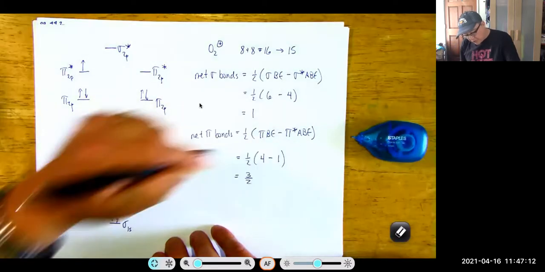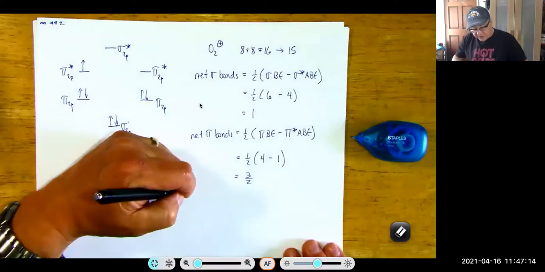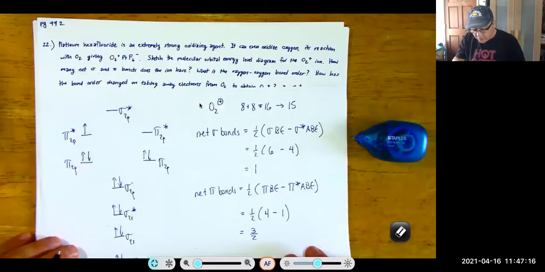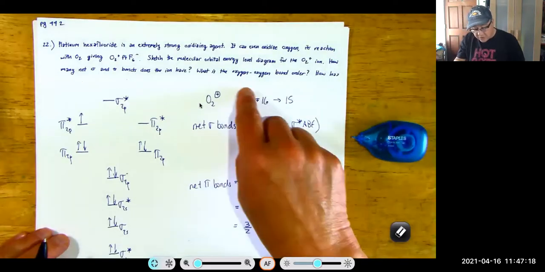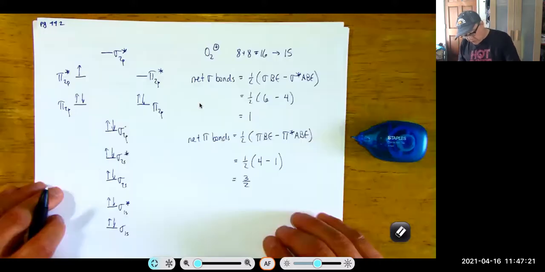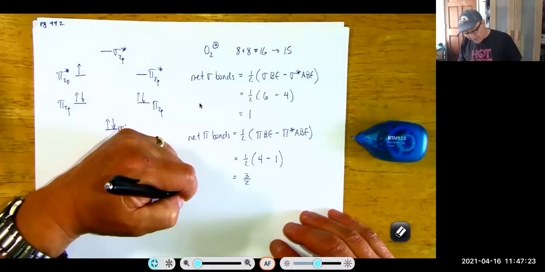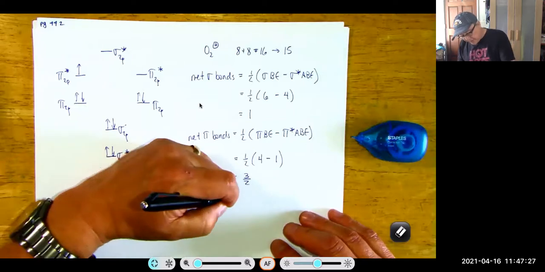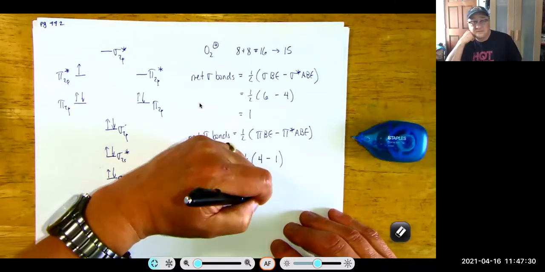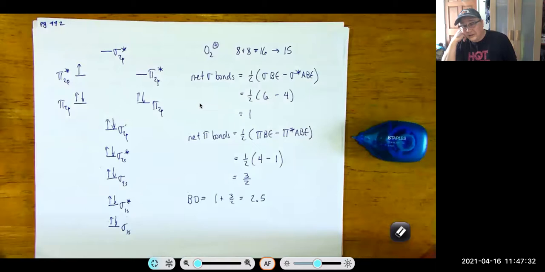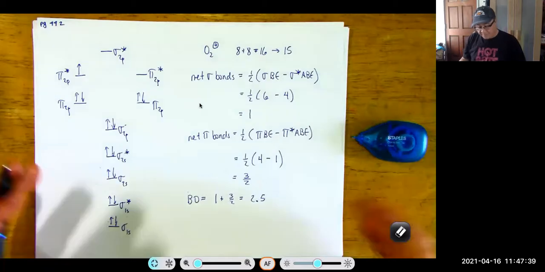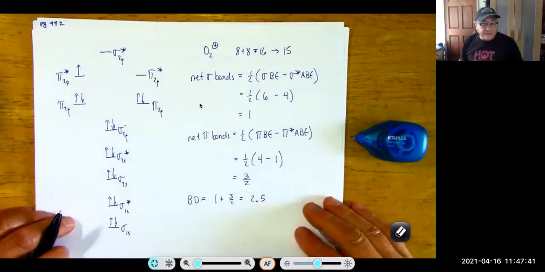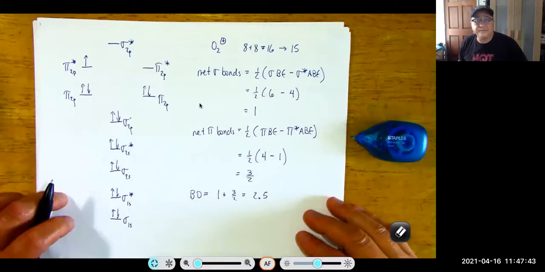Notice here they ask, what is the oxygen-oxygen bond order? What does that mean? So the overall bond order is going to be 1 plus 3/2, which I'm going to say is 2.5, because 3/2 is 1.5. So that's your overall bond order. So net is different than overall, right?